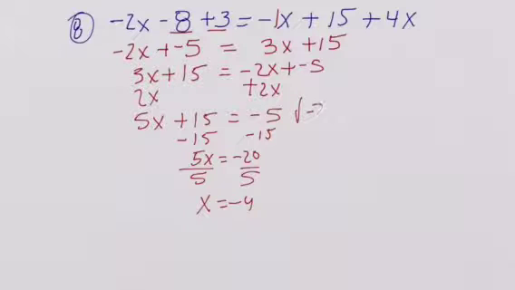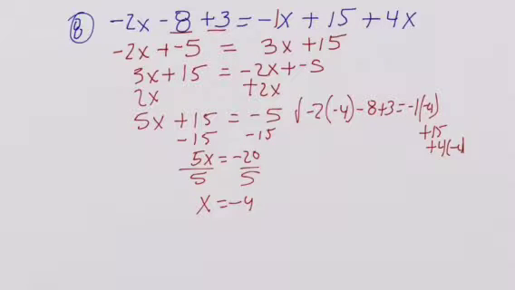To check it, we have negative 2 times negative 4 minus 8 plus 3 is equal to negative 1 times negative 4 plus 15 plus 4 times negative 4.